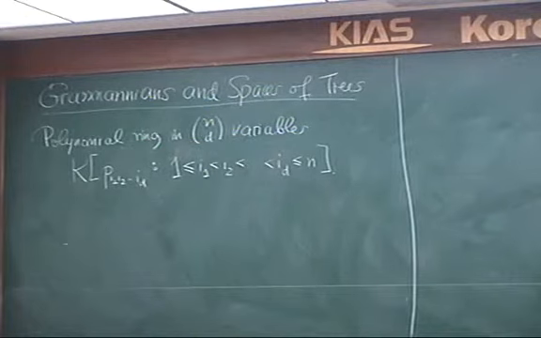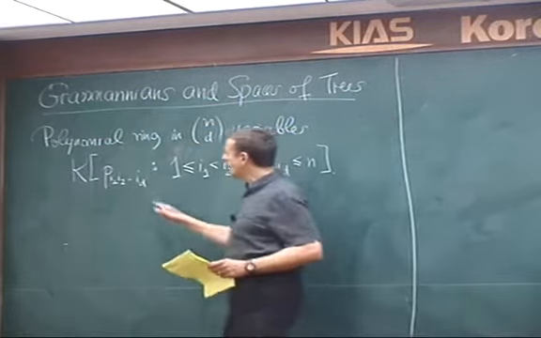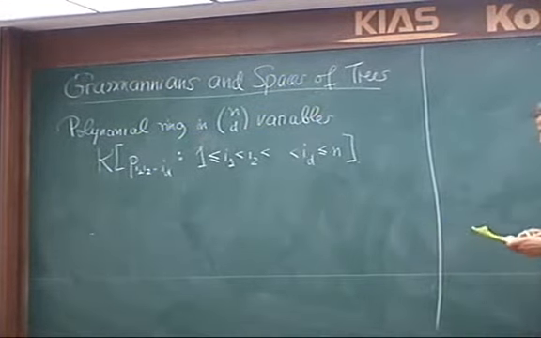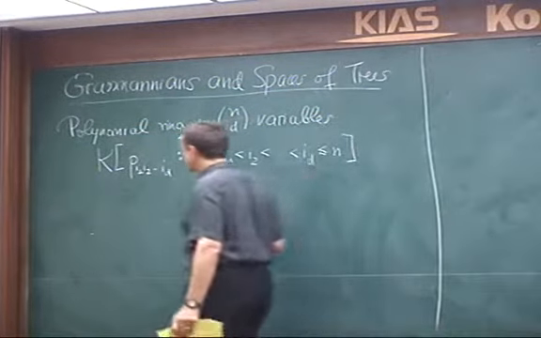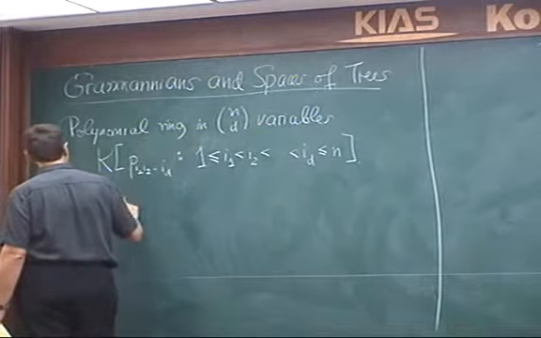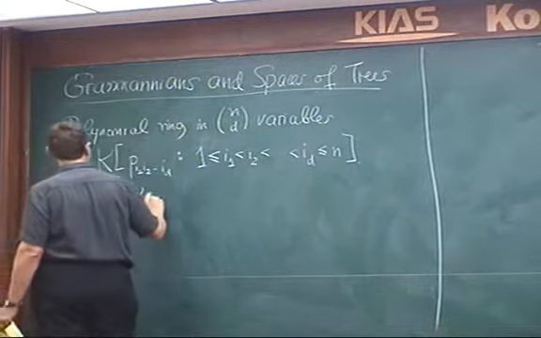I'm going to fix a field K with a valuation. I'm going to introduce a polynomial ring in n choose d variables, where n and d are positive integers, d less than n. The variables I'm going to call p sub i1, i2 up to id, indexed by increasing strings. Now in this ring there's a special ideal called the Plücker ideal.